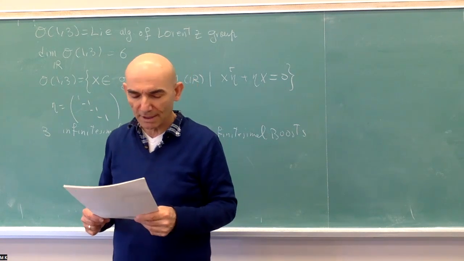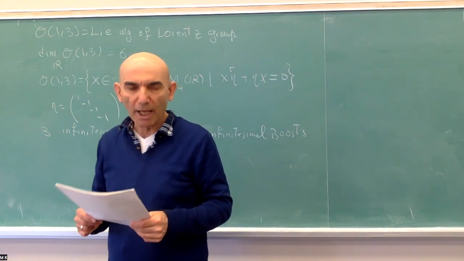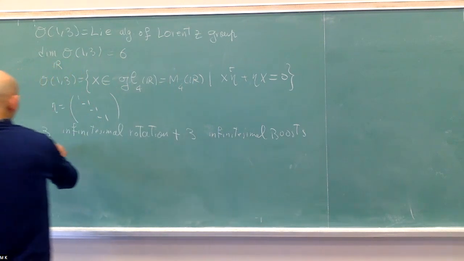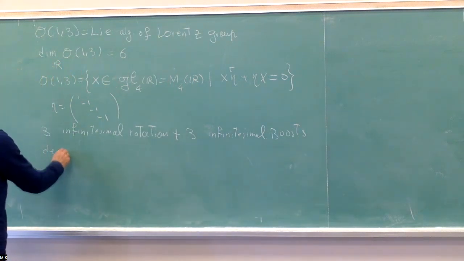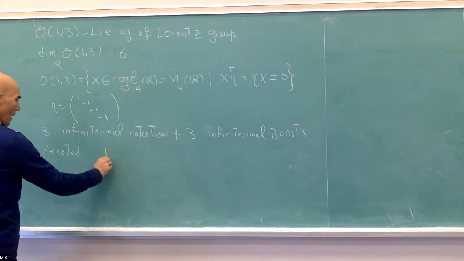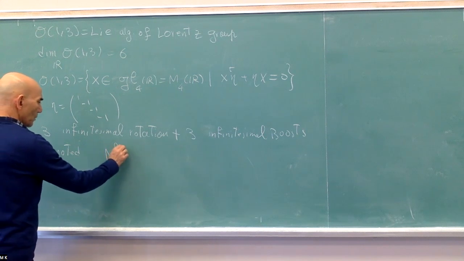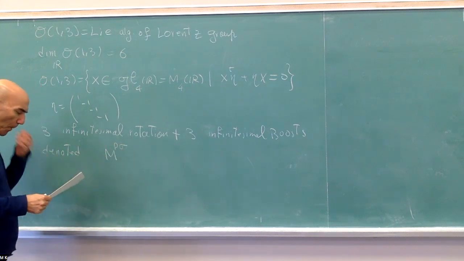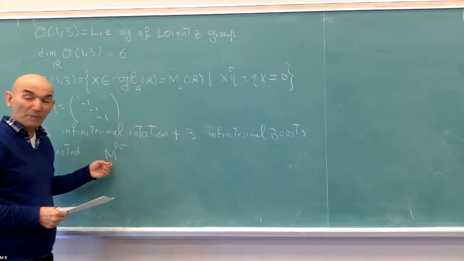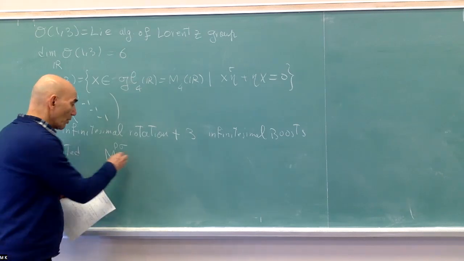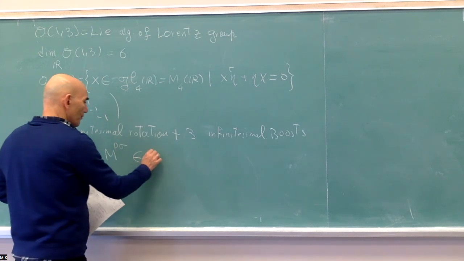So the notation is this. We just denote these things by M_{ρσ}. So these are matrices belonging to O(1,3).